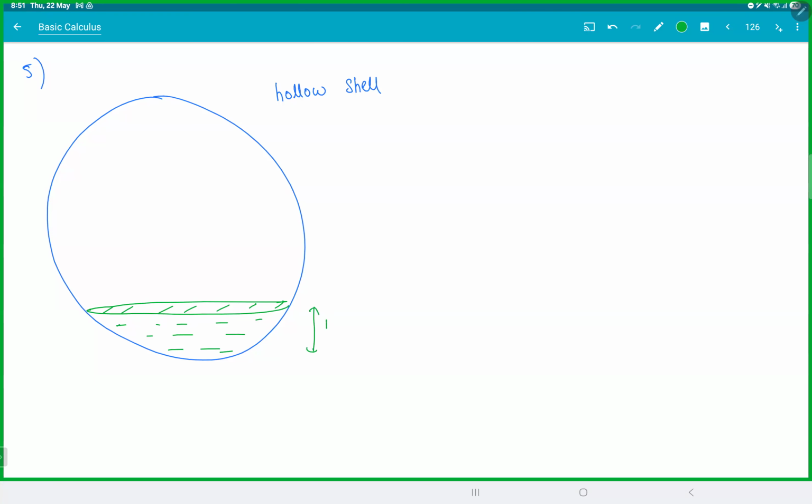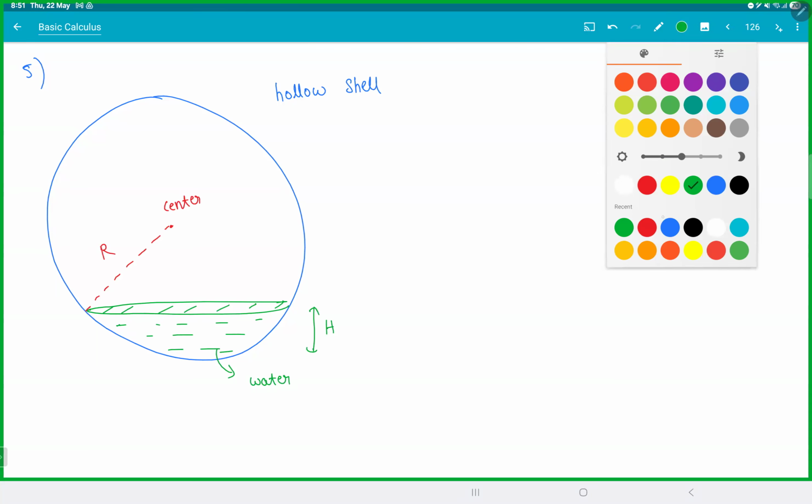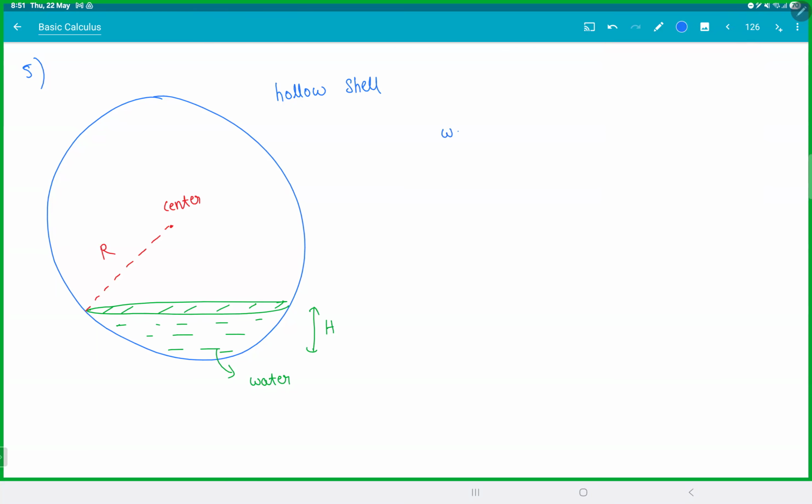This height is h. This is the center. This is radius r. So someone filled the shell with water up to height h. Find the volume of water.